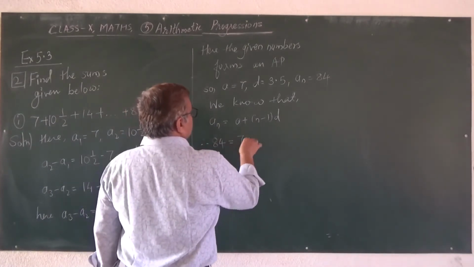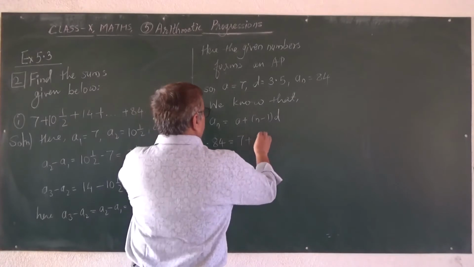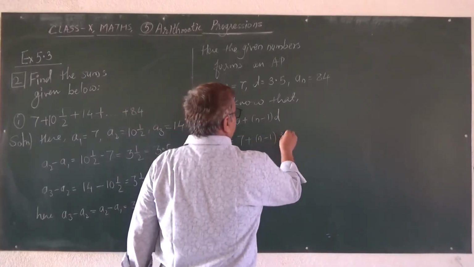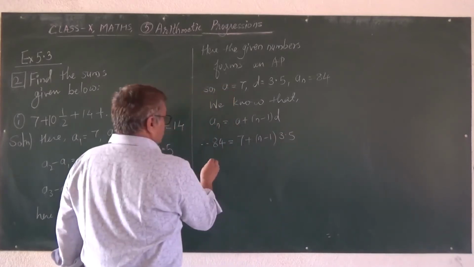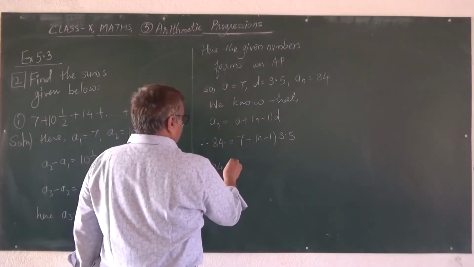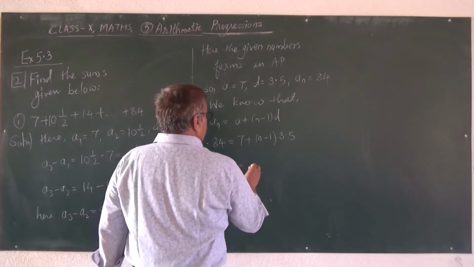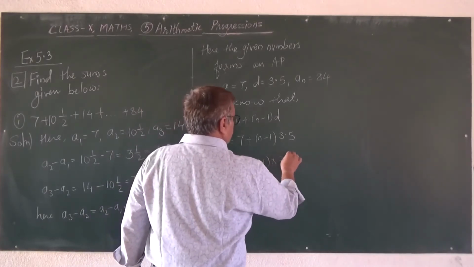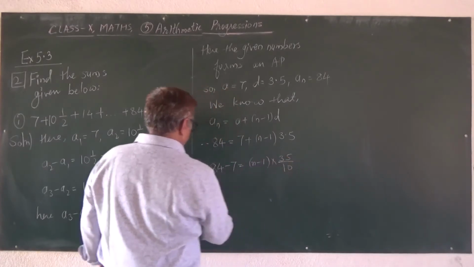The first term is 7. N, you want to calculate how many terms there are in this AP. D is 3.5. So 84 minus 7 is equal to n minus 1 into 35 by 10.